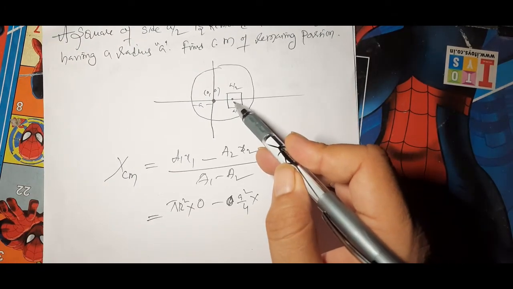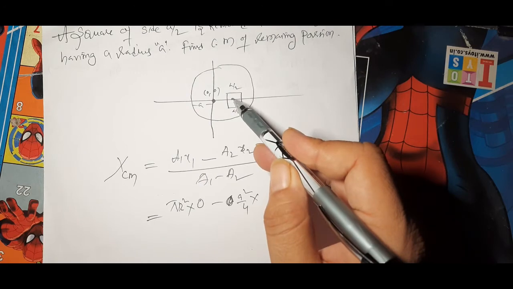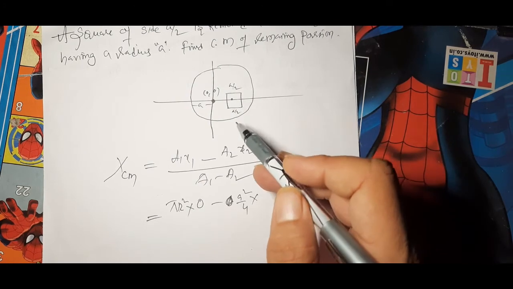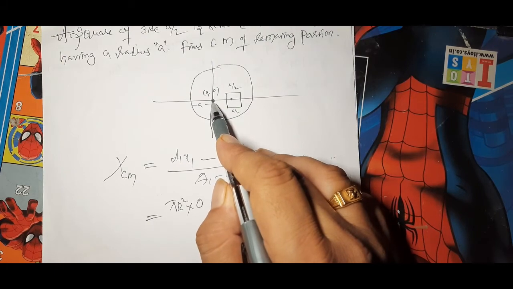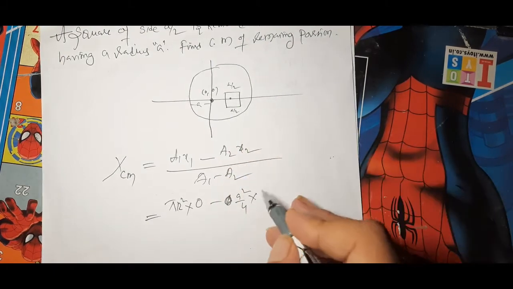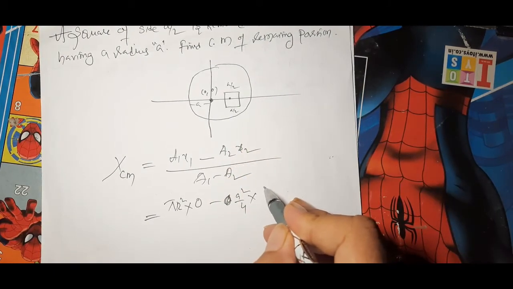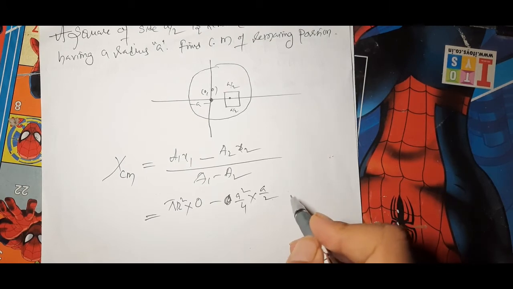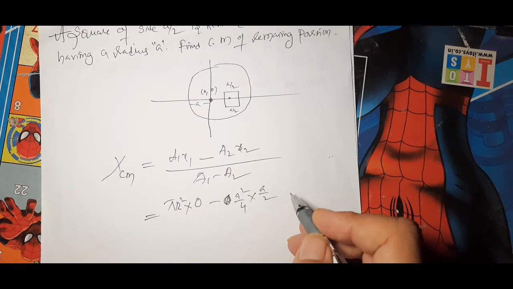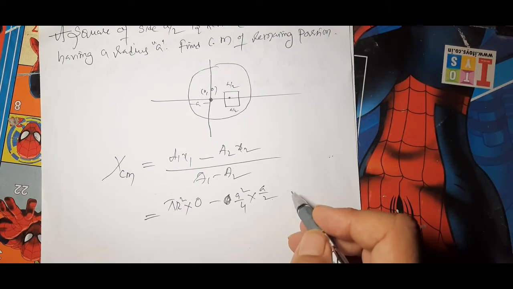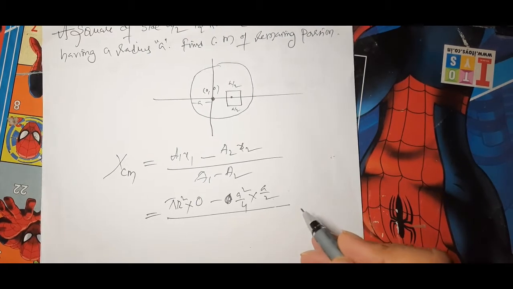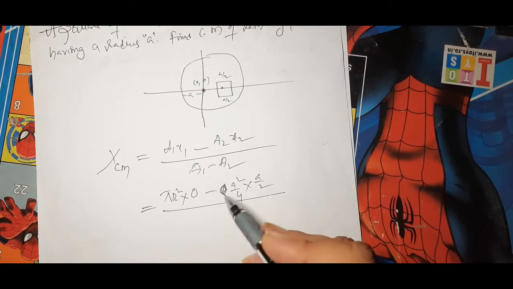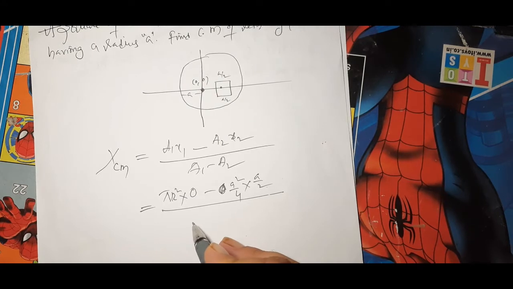the distance of the center of mass of the square from this point, which is equal to A by 2, divided by the area of the disc.